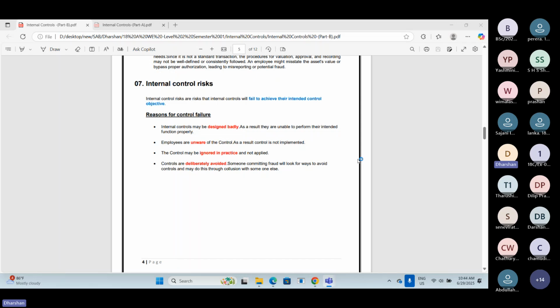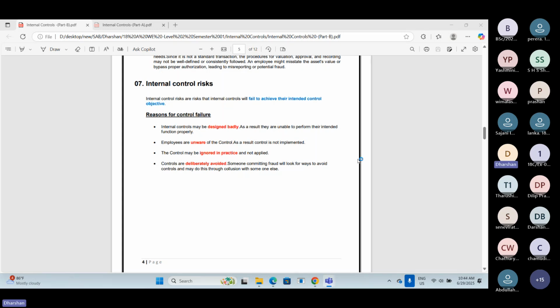Second one, employees are unaware of the controls. As a result, controls are not implemented. One of the internal control elements we discussed is information communication.